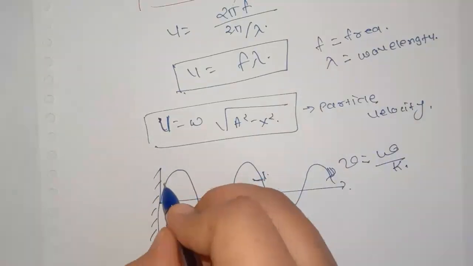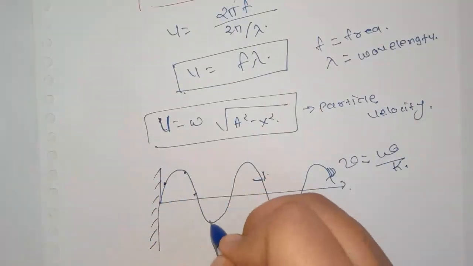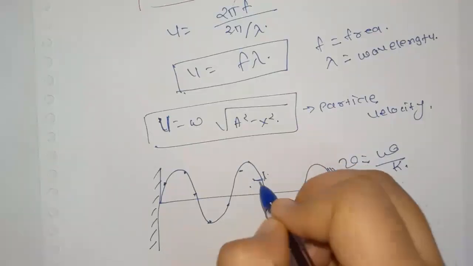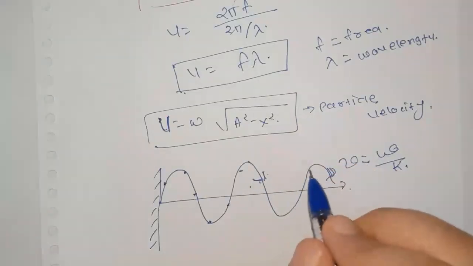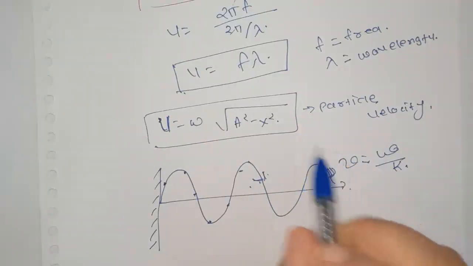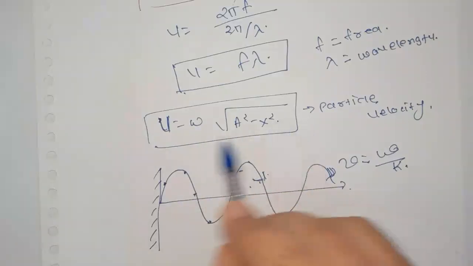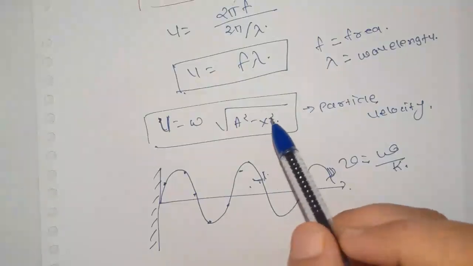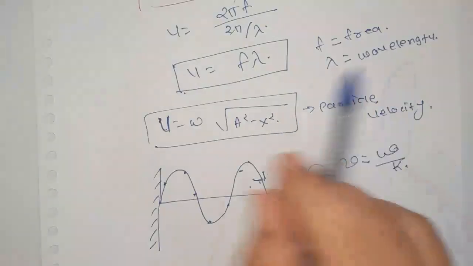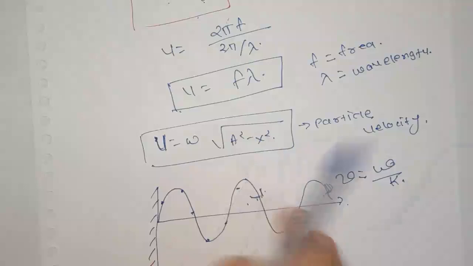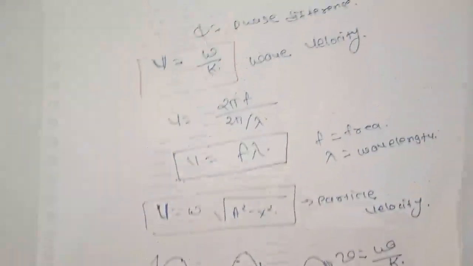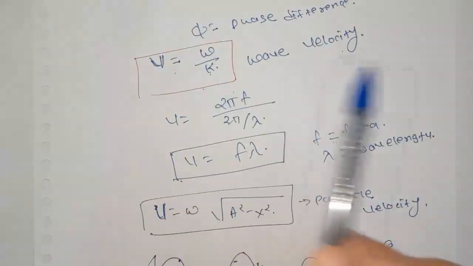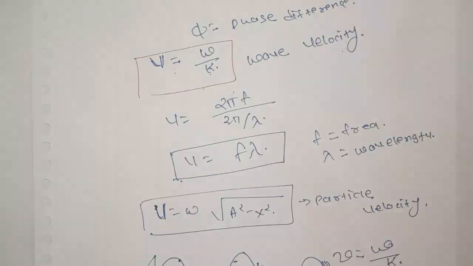But different particles on the string will have different velocities, and that velocity is given by v equals omega under root a square minus x square. So this is the particle velocity, and v equals omega by k is the wave velocity.